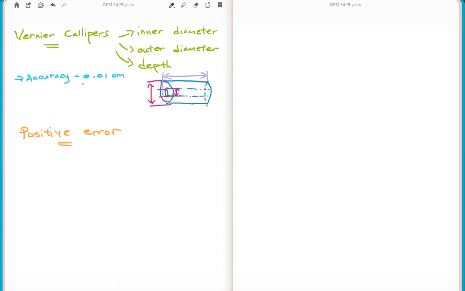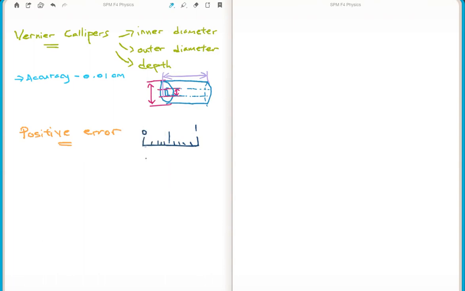So, what happens when there's no object? You try to close the gap. The main scale 0, and maybe here is 1, and there are maybe 1, 2, 3, 4, 1, 2, 3, 4. What happened? You have positive error. The vernier scale fails, the lower part scale of it fails. The 0 fails to be at 0.